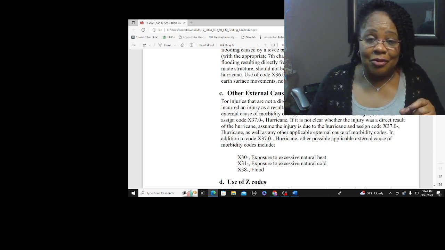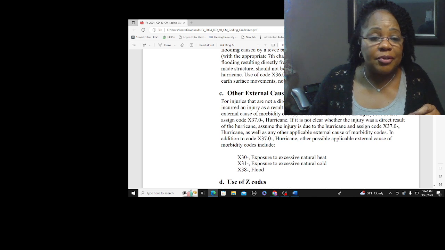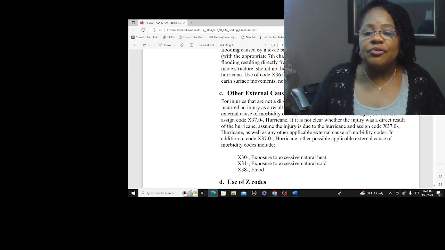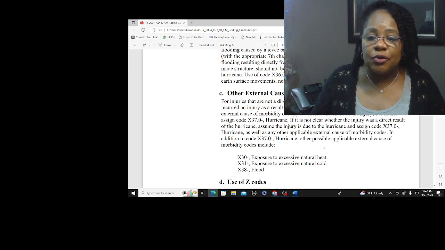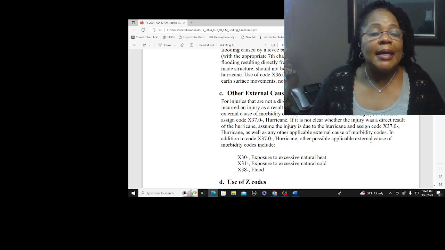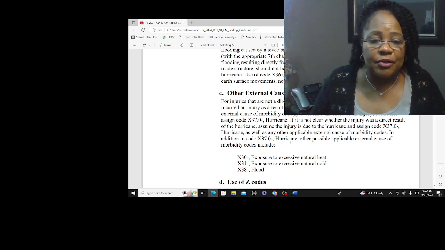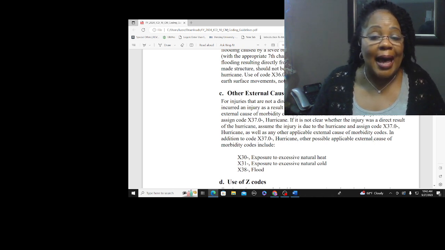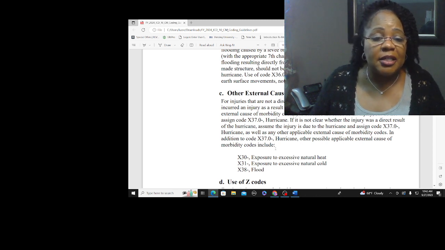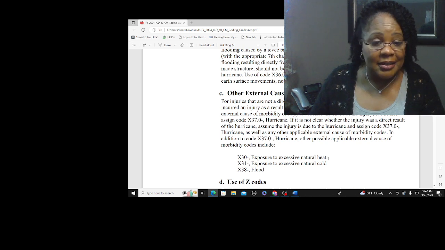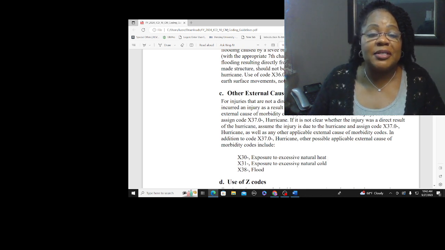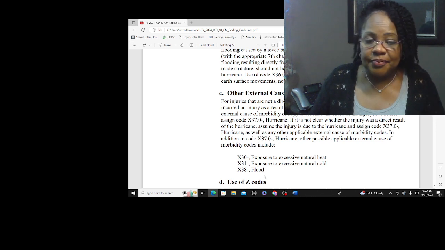If it is not clear whether the injury was a direct result of the hurricane, then assume the injury is due to the hurricane and assign X37.0 hurricane, as well as any other applicable external cause of morbidity codes. In addition to code X37.0 for hurricane, other possible applicable external cause of morbidity codes include X30, exposure to excessive natural heat, X31, exposure to excessive natural cold, and X38, flood.